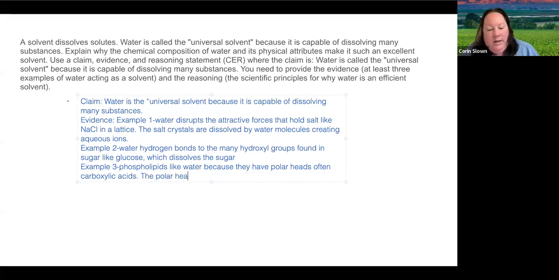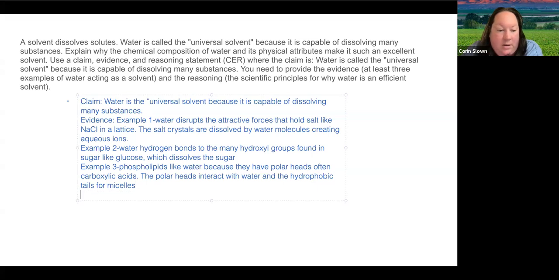The polar heads interact with water and the hydrophobic tails form micelles.